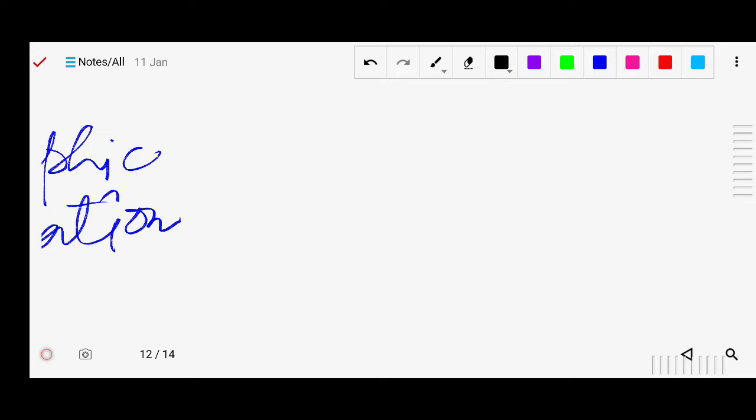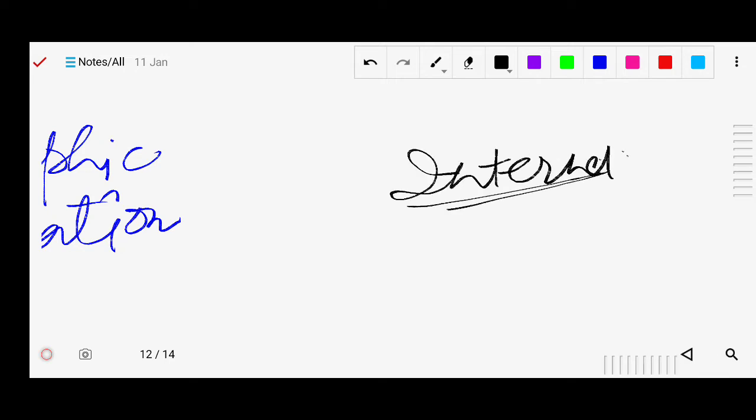Suppose I want to know about any topic, like the internet. Now, how does the search engine work? As I told you, there are so many websites, each website has some web pages, and each page has some information.